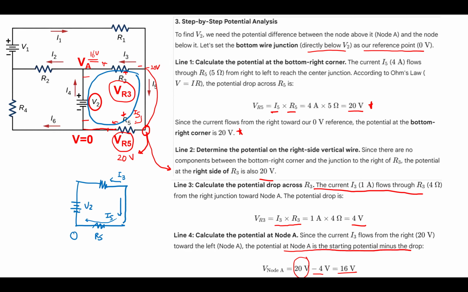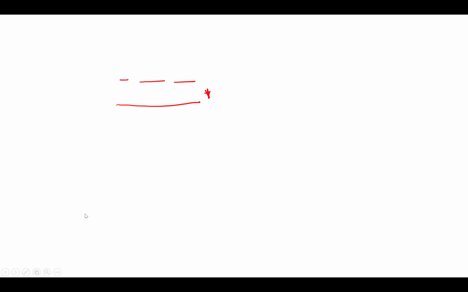This is negative. And then we try to find out what the voltage is. And then we note that here is the same. And then from this to A, we find out the voltage drop. And then we find out VA, voltage A, and this one should be the same as the voltage V2. Okay.